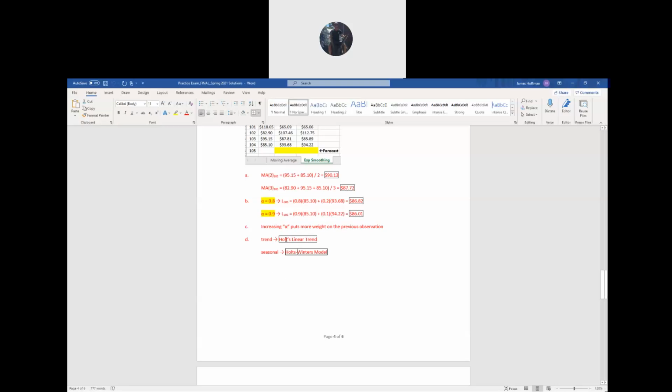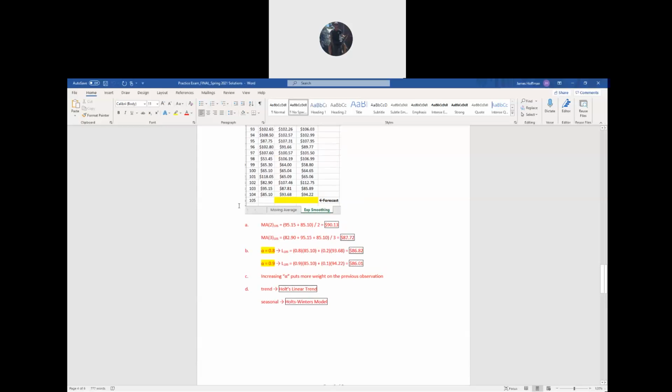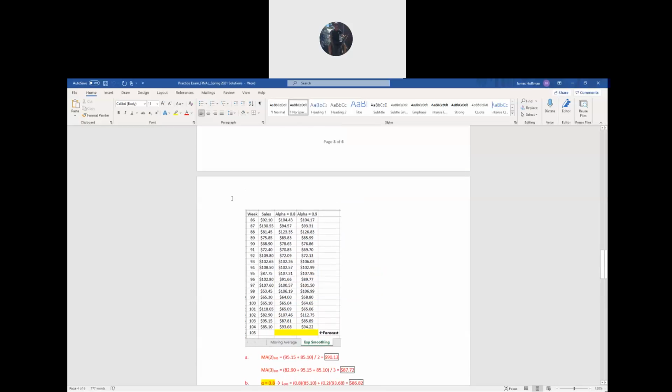Either one is correct. So for a trend, use Holt's model. For a seasonal pattern, use Holt-Winters, or you can also call it Winters model. All right, so that's number three.